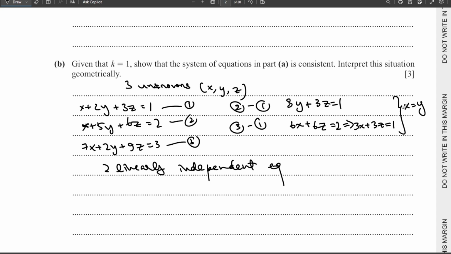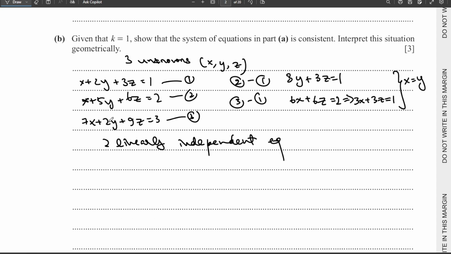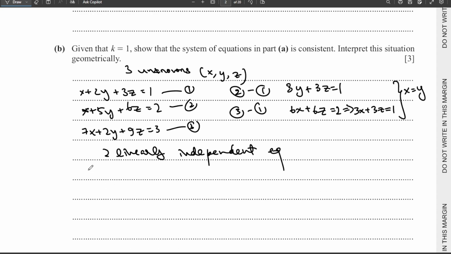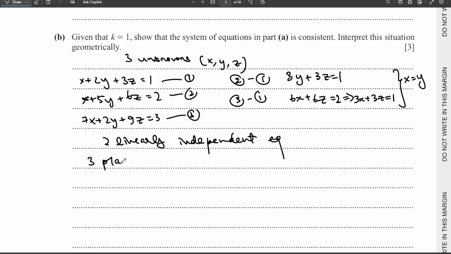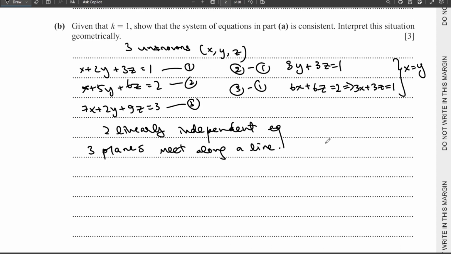The solution lies along where these three planes meet, and there is an infinite number of solutions where z is equal to something. So the geometric interpretation is that these three planes meet along a line. There is an infinite amount of solutions to this system of equations, unless we specify one more piece of information, so that there are 0 degrees of freedom.